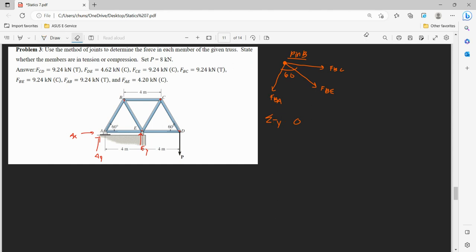Actually, no, I don't want to start with this pin because we have 3 unknowns and 2 equations to solve them. So that means it'll be a little more difficult to move on. Let's instead start with point D. Because then we have 2 unknowns because we have this force P, which is 8 kilonewtons. So this is 60. This is FDE and FDC, and we have downward force of 8 kilonewtons.